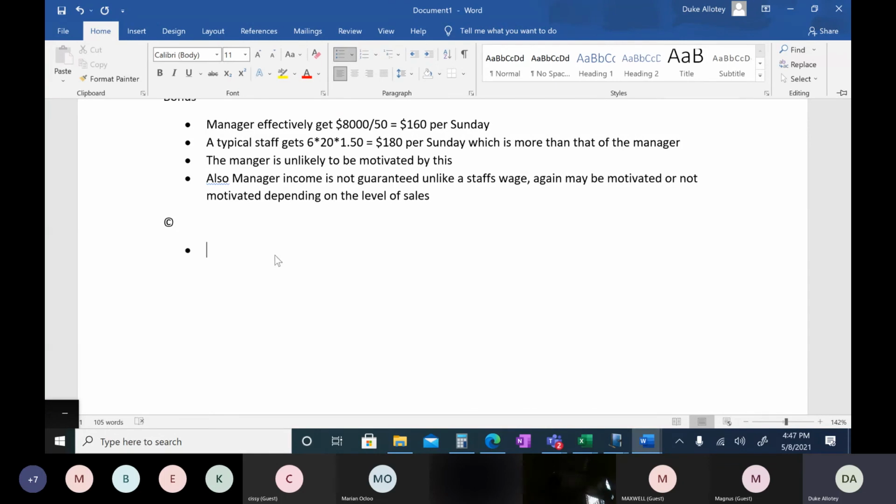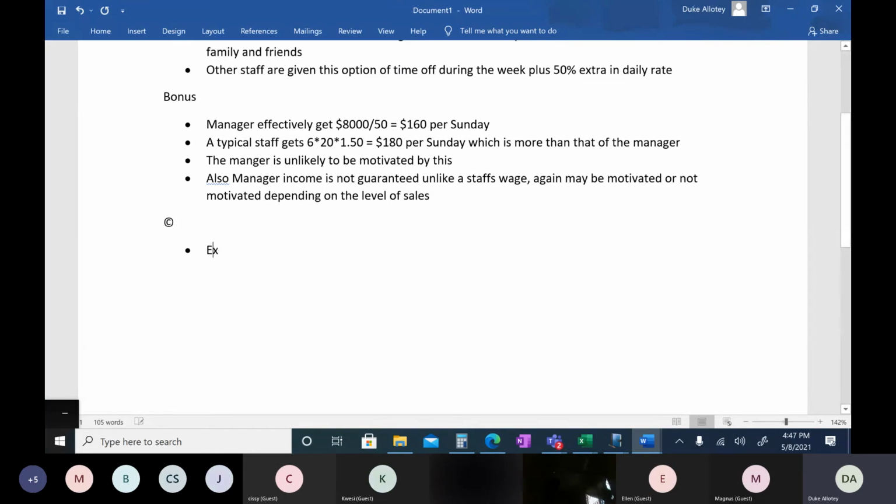Say that one point could be that existing customers may feel unappreciated, since discounts only apply to new customers, because they will feel cheated. Unappreciated or cheated, whatever you want to put there, okay.